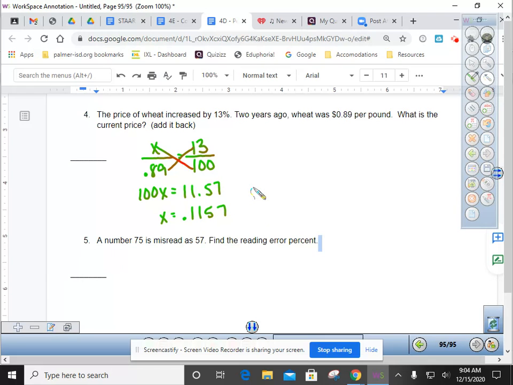Round the 5 into the 11. So what's it going to become? It's going to become a 2. So 0.12. And then what do we have to do with the 89 cents? Add it back. Good. I got $1.01. Yes.